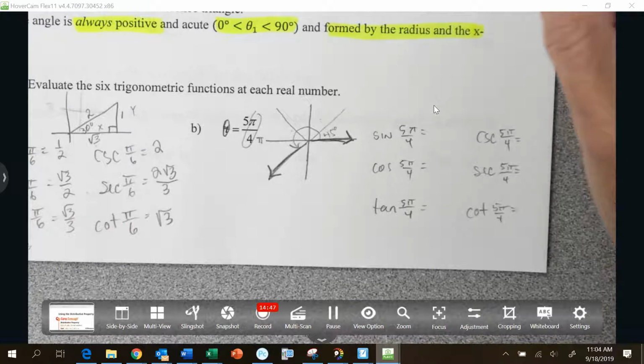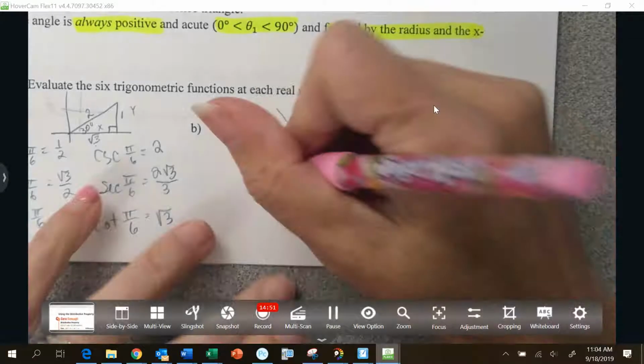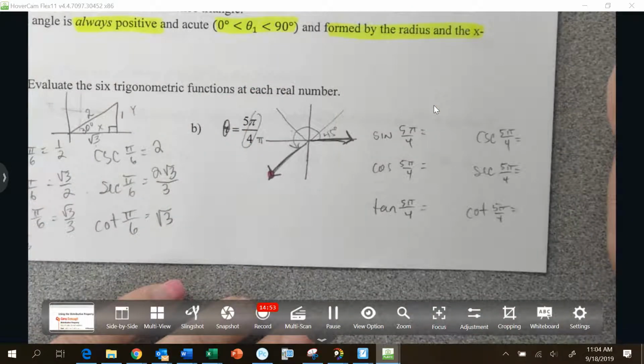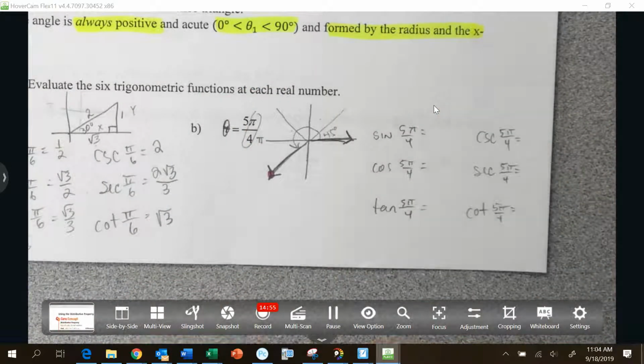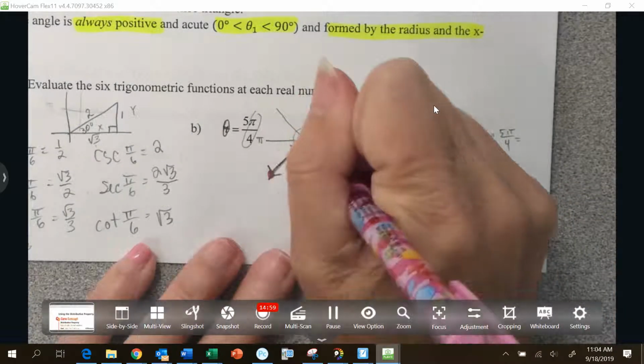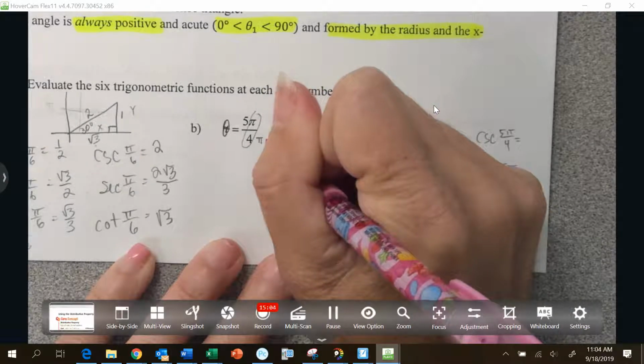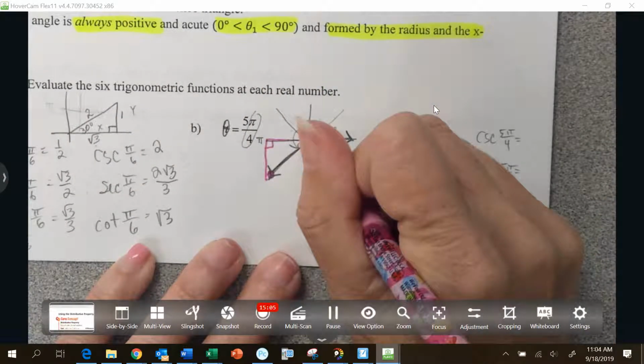So I need to find the point that makes this a triangle. As you are graphing from 0, 0, you would go x, then y to get there. So there's going to be my point, there's going to be my triangle.